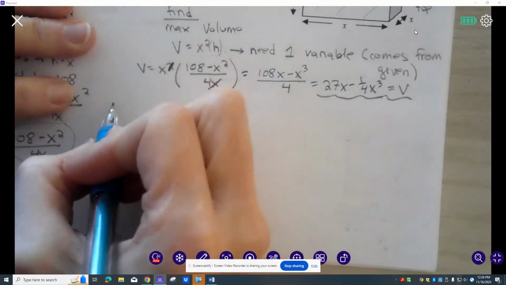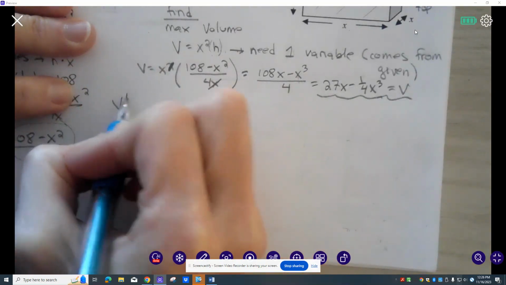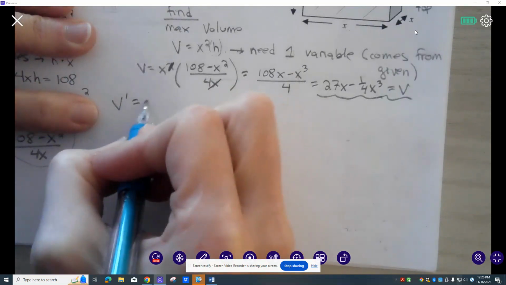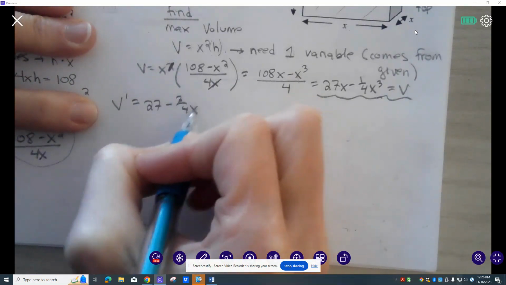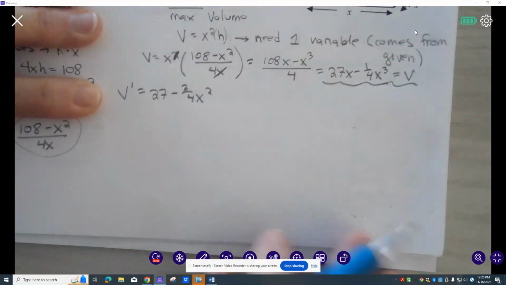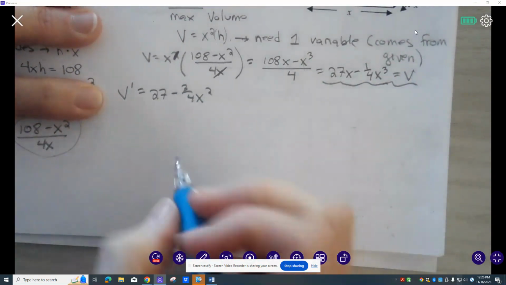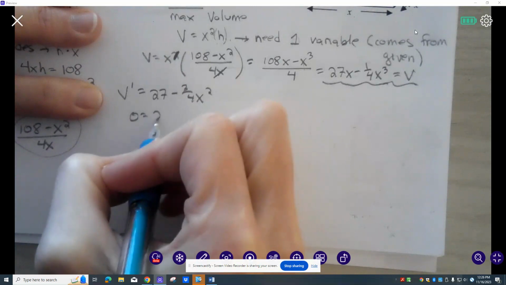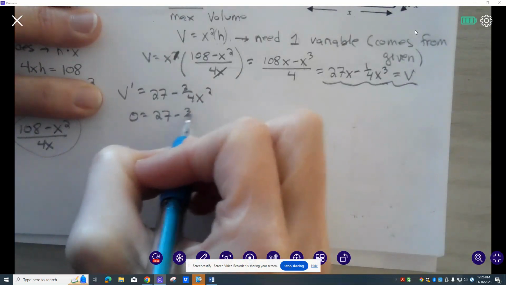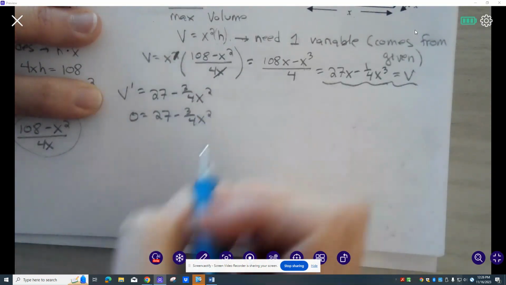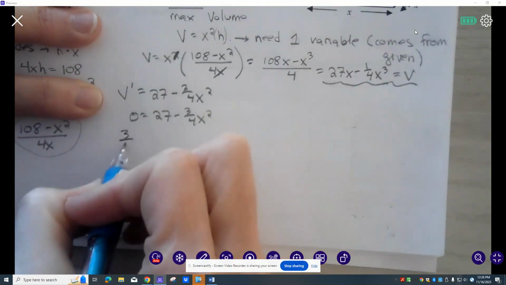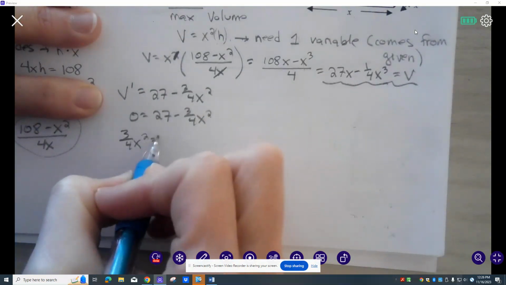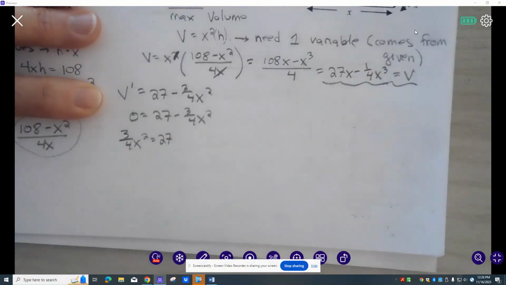Just like in a normal function, we take the derivative, which is 27 minus 3/4 x squared, and set that equal to 0.